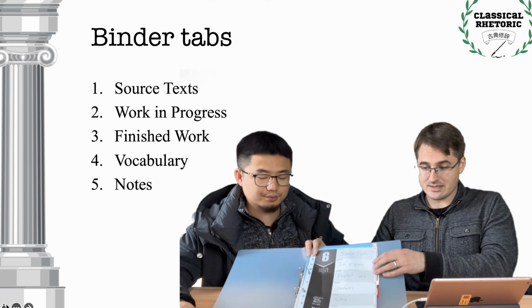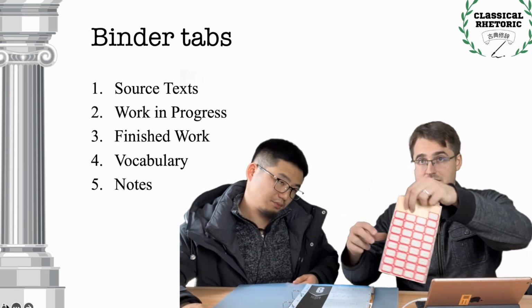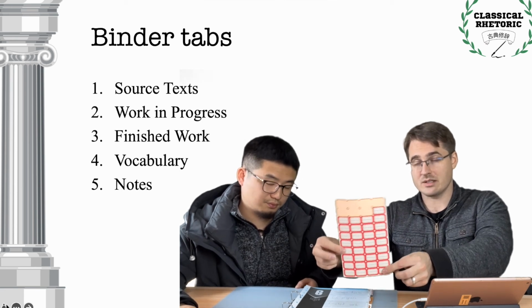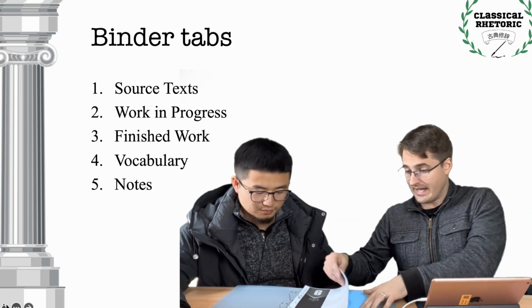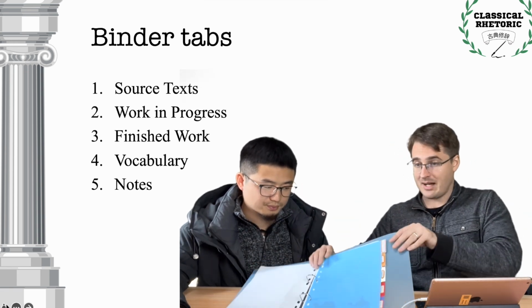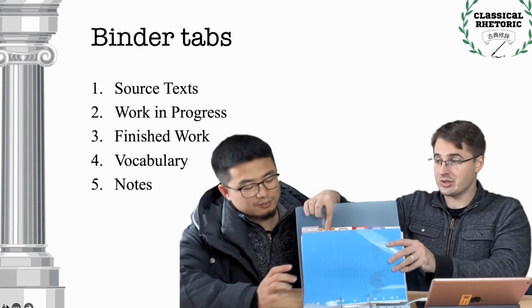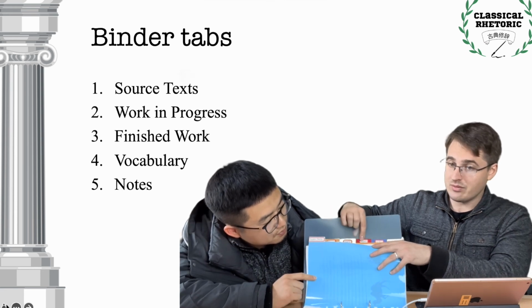So I suggest that you get some stickers like this from a paper shop and use them to label each of your tabs. Number 1, see here, is source texts. 2, work in progress. 3, finished work. 4, vocabulary.